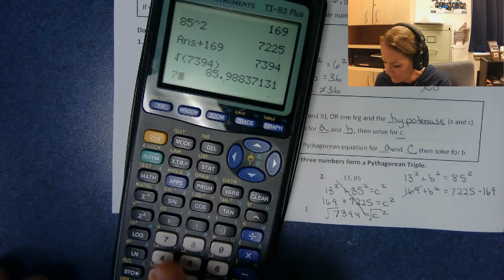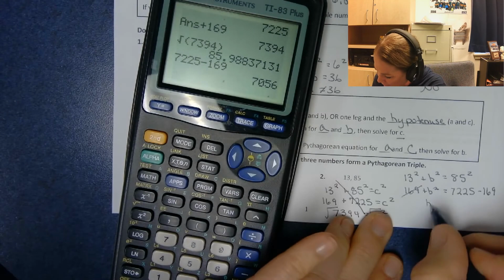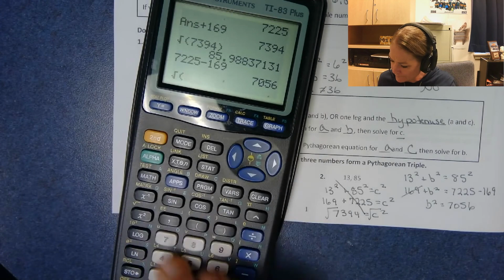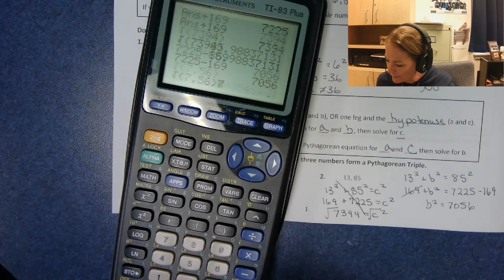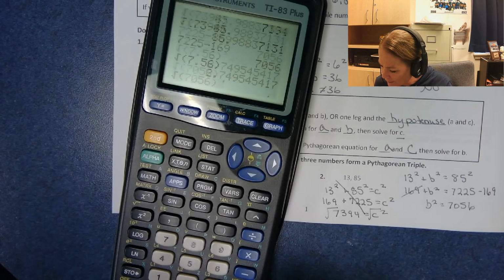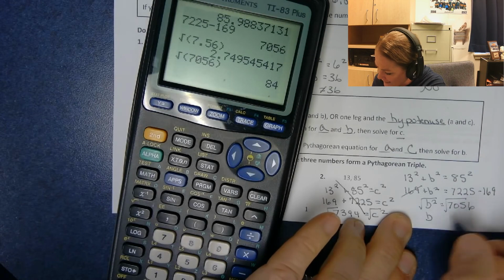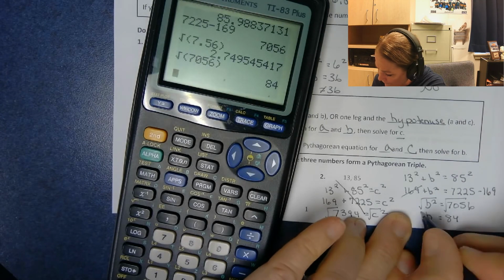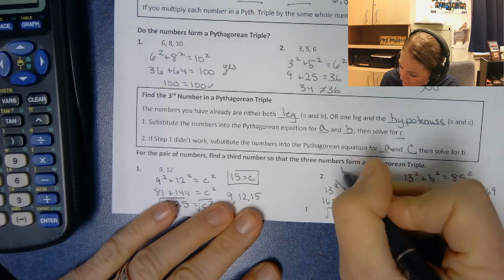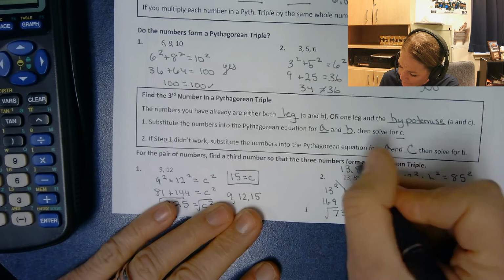Okay, so 7,225 minus 169 is 7,056, and let's square root that. Looking for an integer here, and we get the integer of 84. So that indeed is a triple because we got that integer, that non-decimal. So this triple is 13, 84, 85.